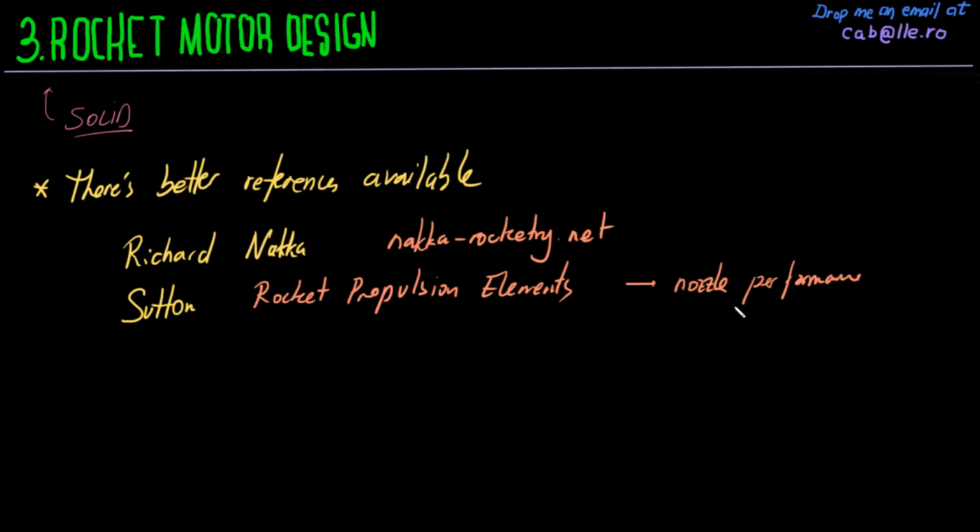It goes very in depth on nozzle performance, and nozzle performance is kind of the same for solid rocket motors, hybrids, and liquids. So it's general, and then it has chapters 13, 14, and something like that, a few chapters on solid rocket motors, which are nice, but sometimes not so useful at an amateur level. But still, it's a nice read and it's a classic.